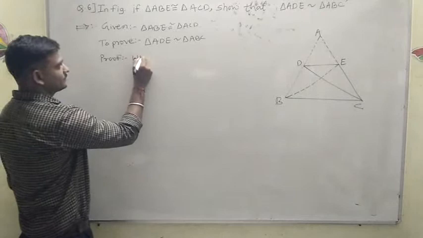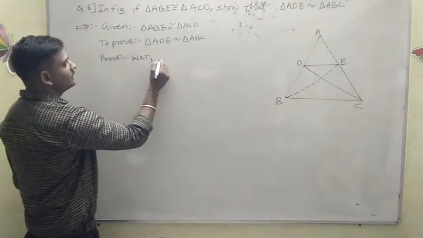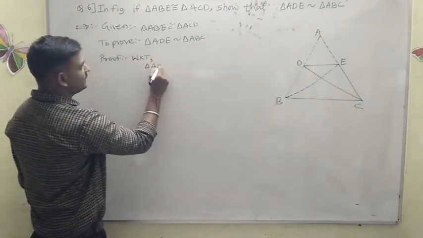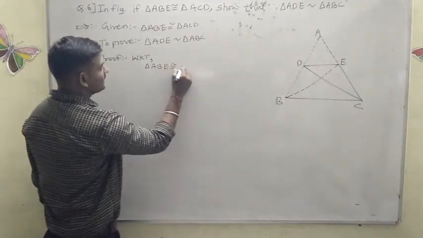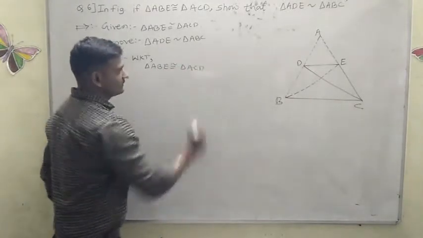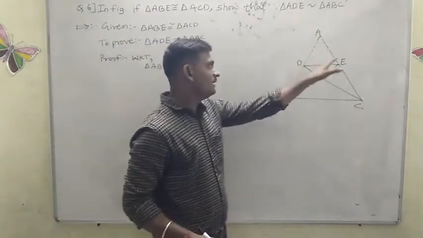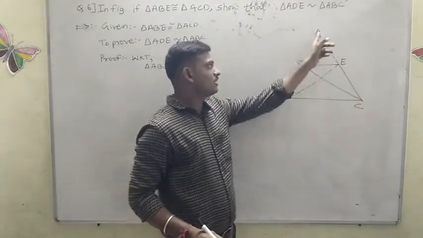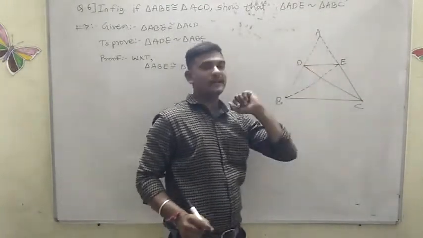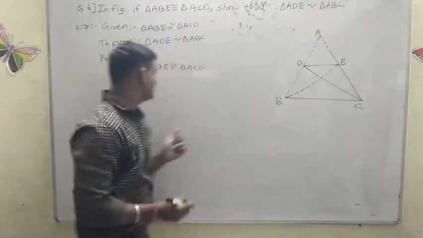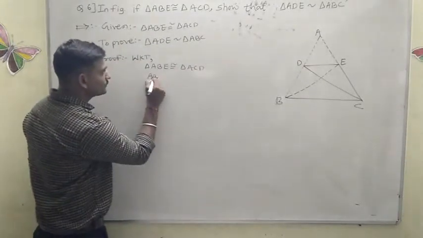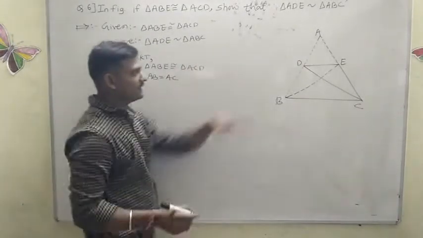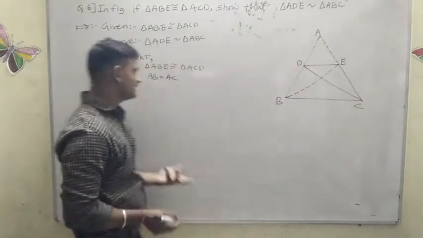We know that triangle ABE is congruent to triangle ACD. That is triangle ABE, this dotted triangle, is congruent to triangle ACD. These two triangles are congruent. Then can I write this side AB is equal to AC? Yes.